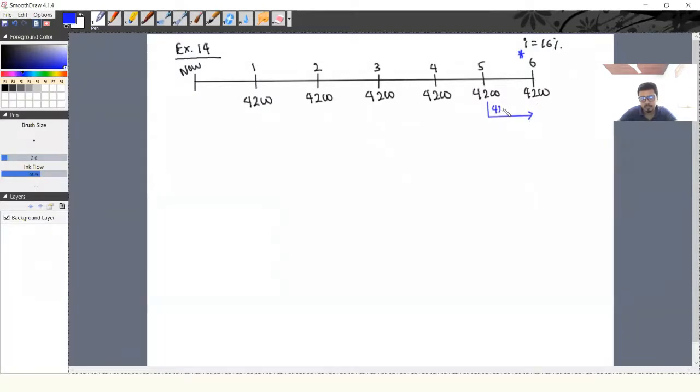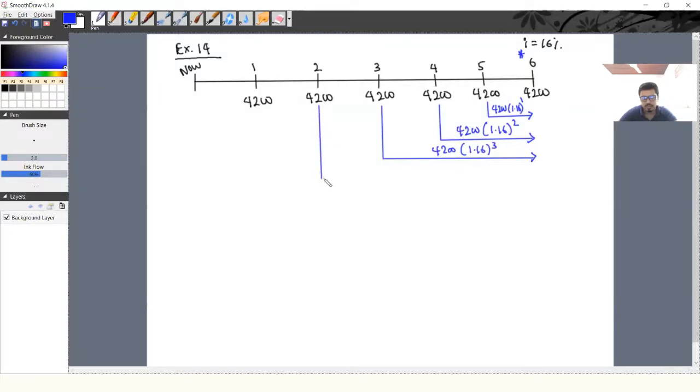For the first payment, that is 4,200 into 1.16 to the power 5. Here also you need to find the future value, that is 4,200 into 1.16 to the power 2. For this one also, 4,200 into 1.16 to the power 3.